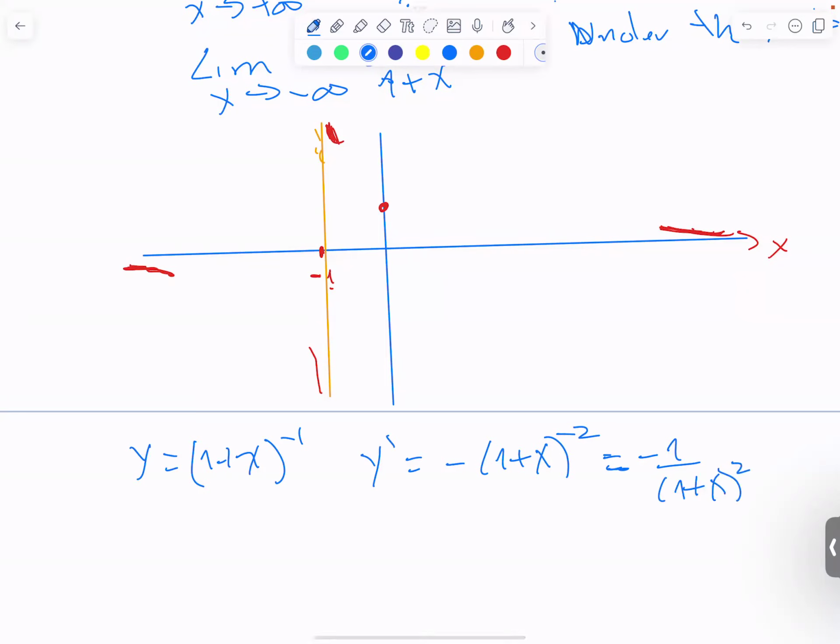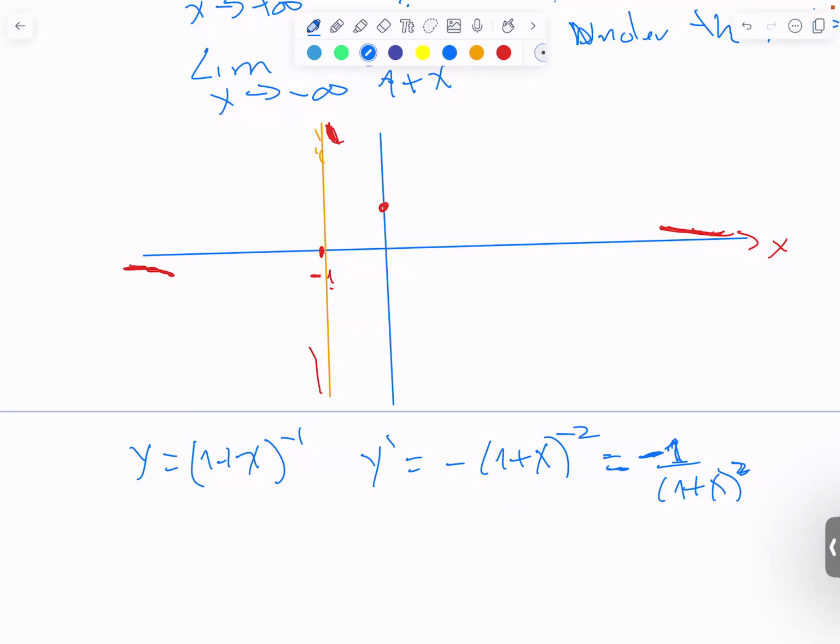Now you see here that the first derivative is never 0, and it's always negative because the denominator is always positive, since it's the second power, and -1 is always negative, the constant. I mean, the function is decreasing all the time. That means we didn't have any zeros here.